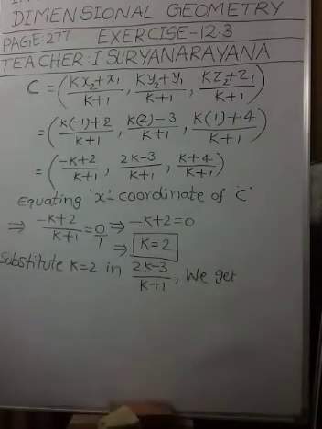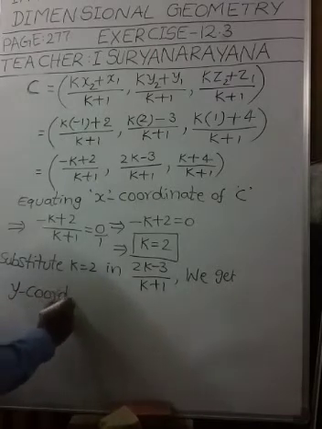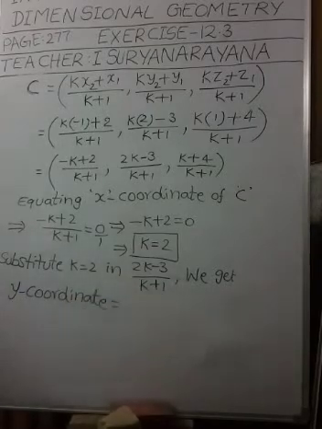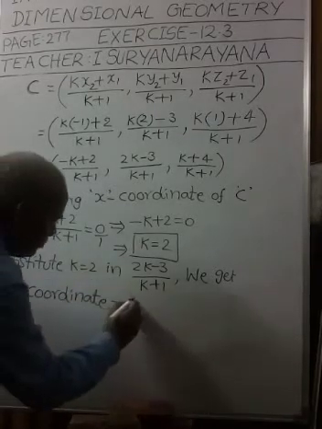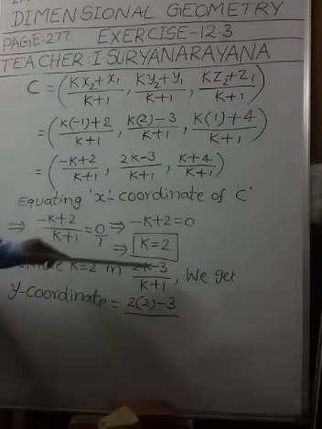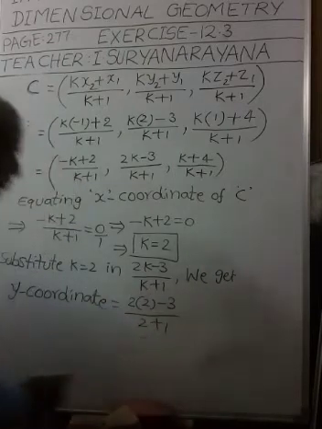Then we get the y coordinate: 2 into 2, minus 3, by 2 plus 1.